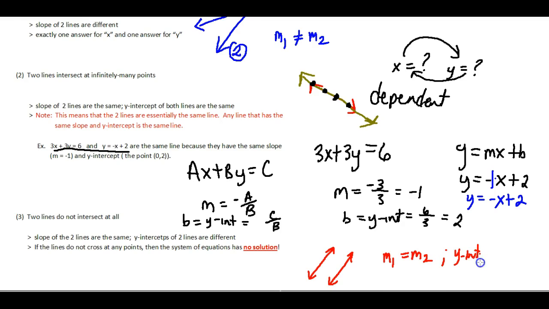So y-int of 1 does not equal y-int of 2. And so if we put this on a Cartesian plane, we would see that, for instance, this particular line would have a y-intercept of 2, whereas this one may have a y-intercept of negative 2.